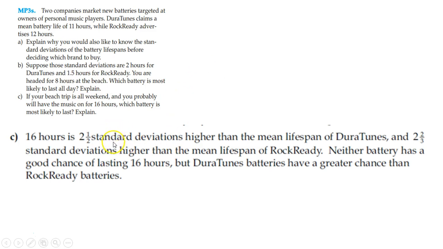So that's how we get 2.5. And for Rock Ready, we take the 16 minus the 12 divided by 1.5, so 16 hours is 2.5 standard deviations higher than the mean for Duratunes, and 2 2/3 standard deviations higher than the mean lifespan for Rock Ready. Neither battery has a good chance of lasting 16 hours, because anything within 2 standard deviations is usual. They're both unusual and outside.